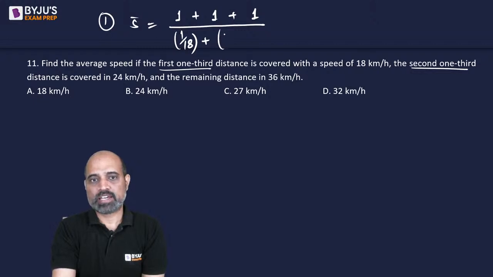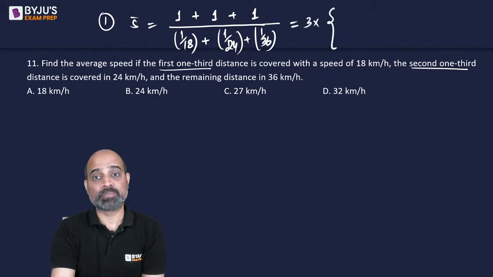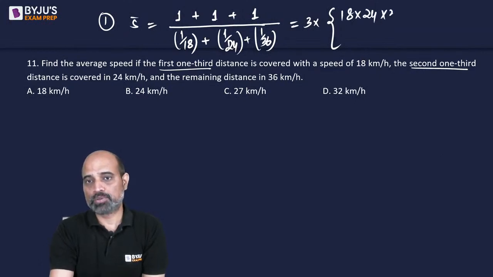Second वाले का हो जाएगा 1/24 and third वाले का time हो जाएगा 1/36, and you need to solve this, which will result in, if you know the harmonic mean का formula लगता है, which will be 18 into 24 into 36 divided by 18 into 24 plus 24 into 36 plus 36 into 18.